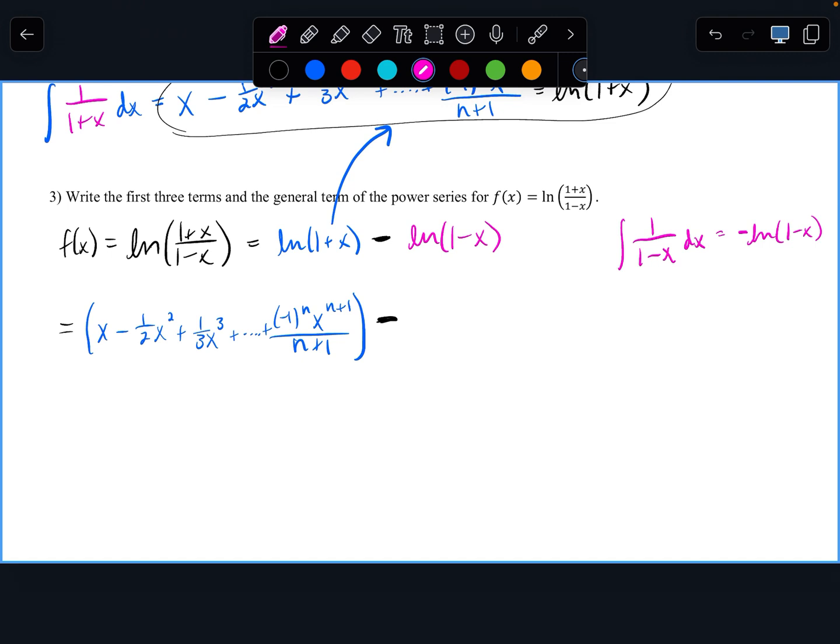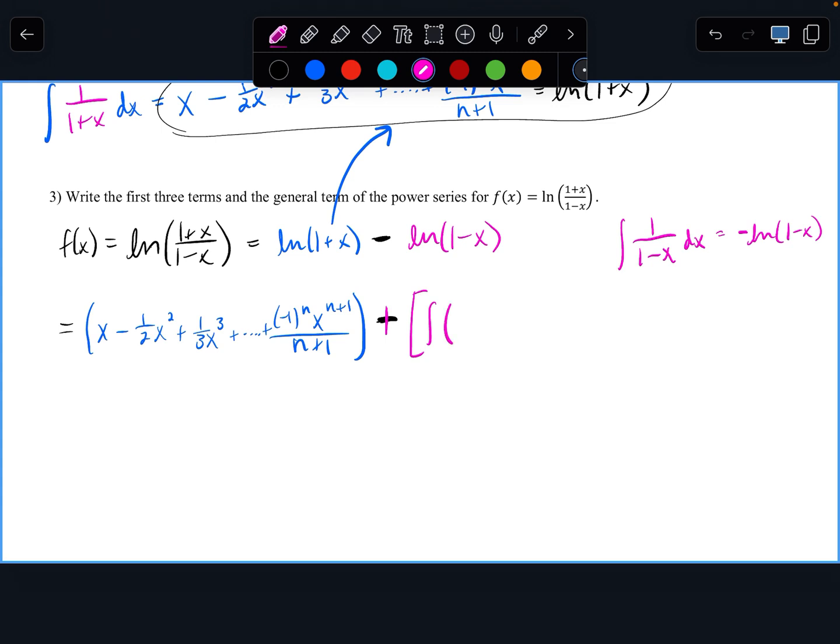So I have to think here because it has to be negative natural log. So, if it's minus, this now is going to change to a plus, right? Because of how I'm going to attack this thing: I'm going to integrate the 1 over 1 minus x series.